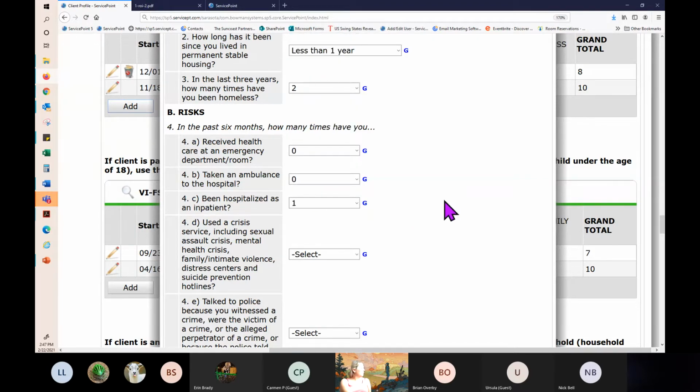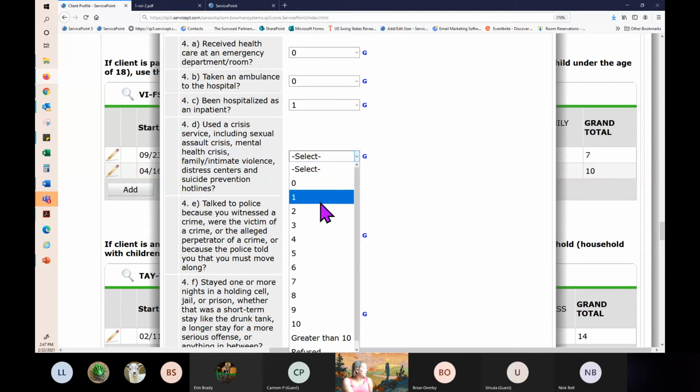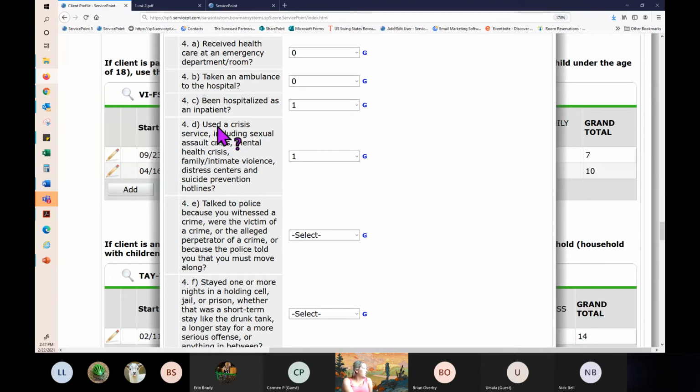We'll say that Brandon was maybe Baker acted last month or something like that. Did he use a crisis service, including a sexual assault crisis, a mental health crisis, or family intervention, intimate violence, distress centers, and suicide prevention? So we'll say that he used that service when he was Baker acted, just that one time.